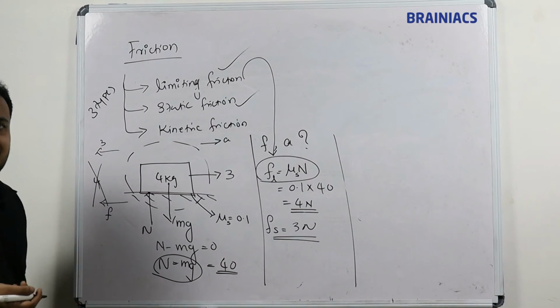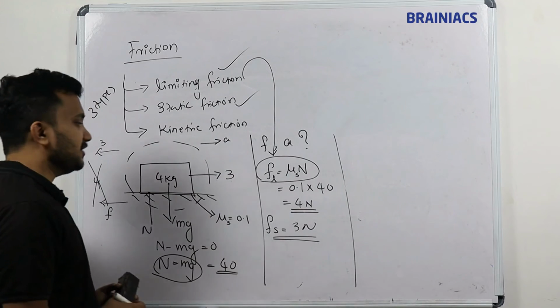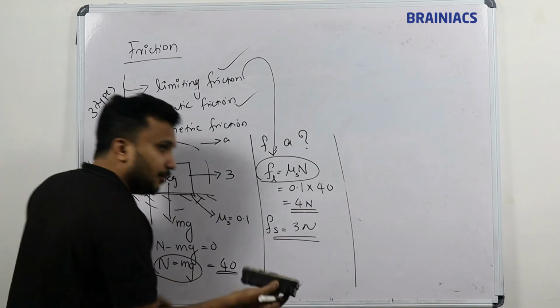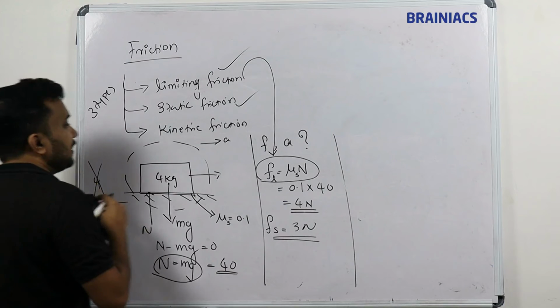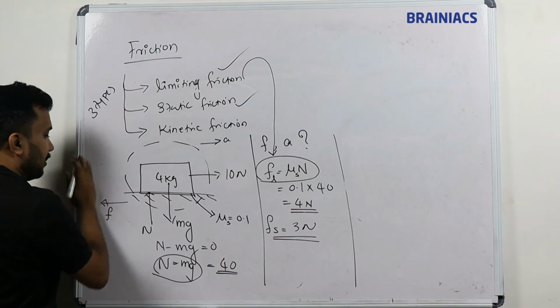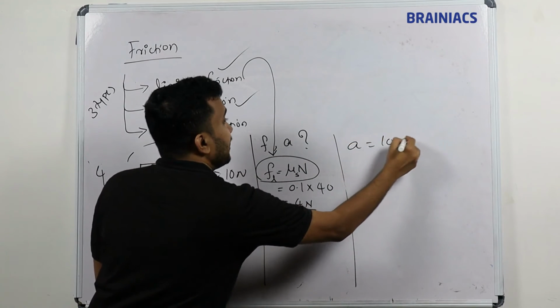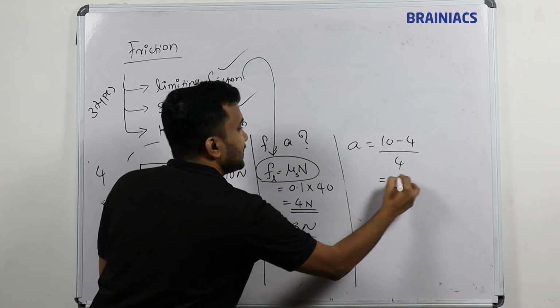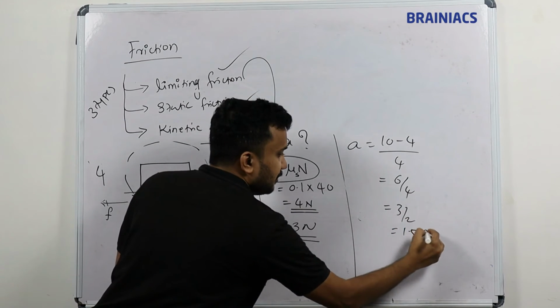Now what is called kinetic friction? Suppose in the previous example, I am going one step back again. In the previous example, here it is 10 Newton, and here our frictional force value is 4 Newton, and we got acceleration equal to (10 minus 4) divided by 4, 6 by 4, which we wrote as 3 by 2, equal to 1.5 meter per second square.